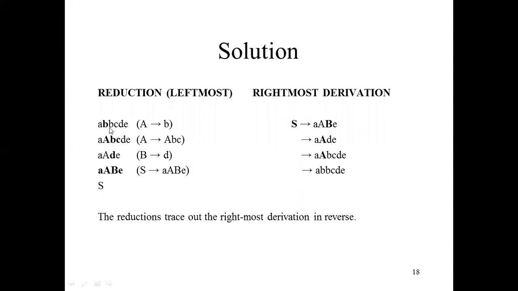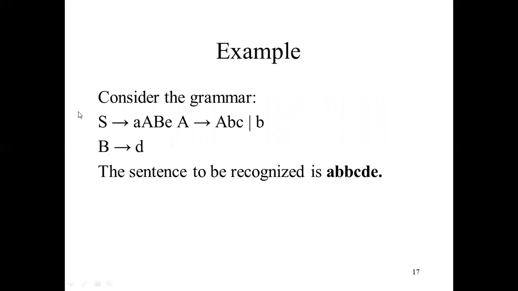So you started from the given input string. You are approaching from the bottom, and the top is this. Just start to reduce this using this grammar. Here S is equal to this, A is equal to this or this, you have the option for capital A, and B is d.